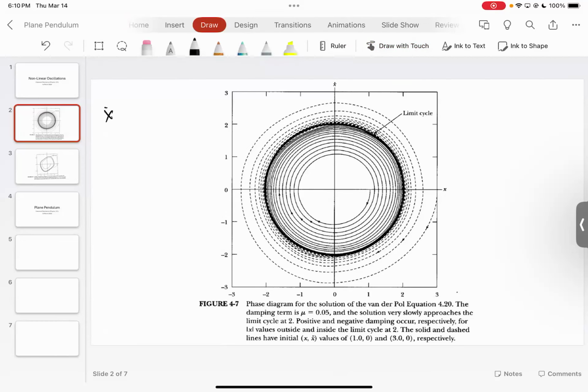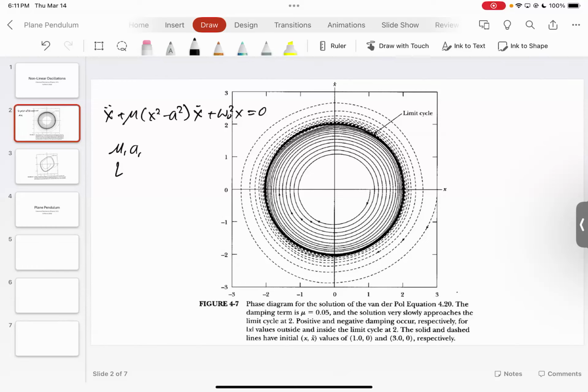So x double dot plus mu times (x squared minus a squared) x dot plus omega naught squared x is equal to 0. Okay? The mu and a are parameters.